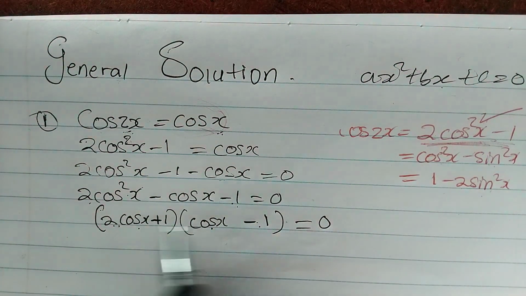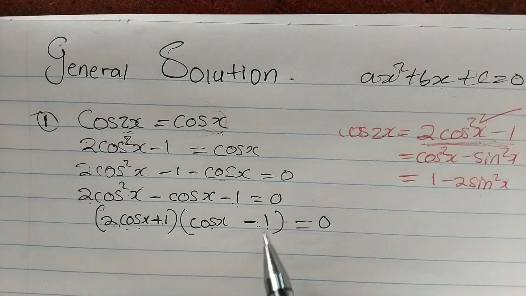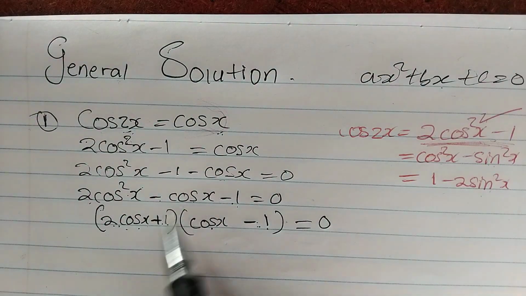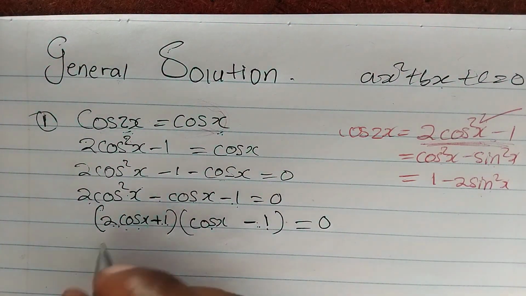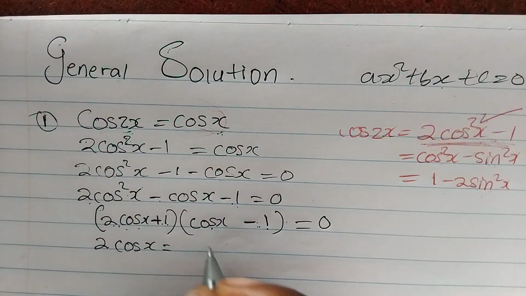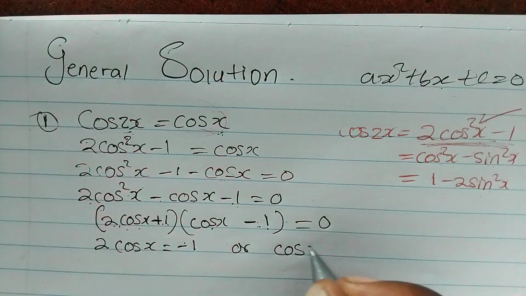Then we can check if they are correct. 2 cos x times 1 will be 2 cos x, and negative cos x times 1 gives negative cos x. Then if you add these, you'll get negative cos x. So these are correct.